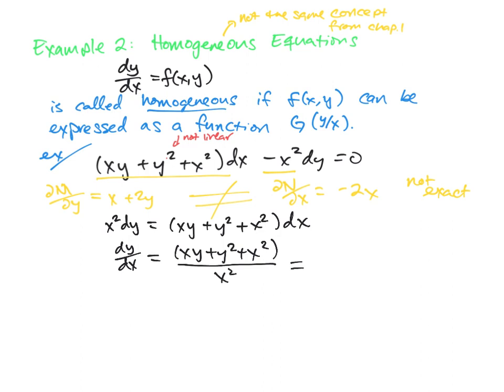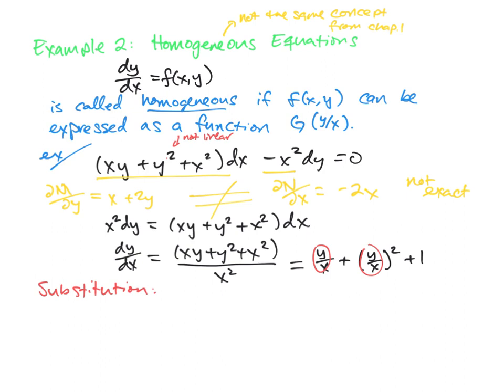And if I do this division out term by term, what I'm left with is y over x plus (y over x) squared plus 1. And so this is what I meant earlier when I said that to have a homogeneous function, we need it to be able to be expressed as a function of y over x, and we have that here, that everything has this y over x thing. So what we're going to do is a substitution, and this is the trick.